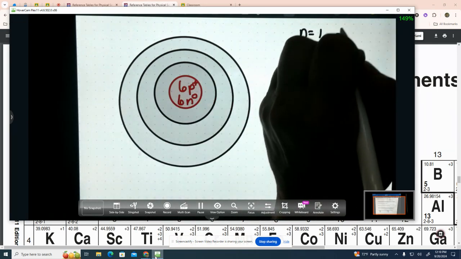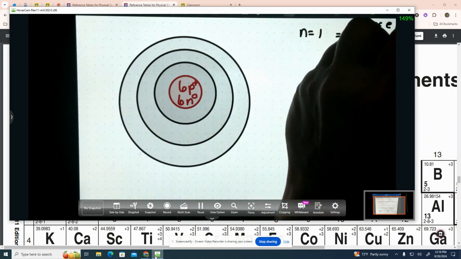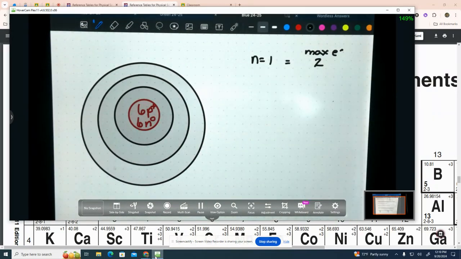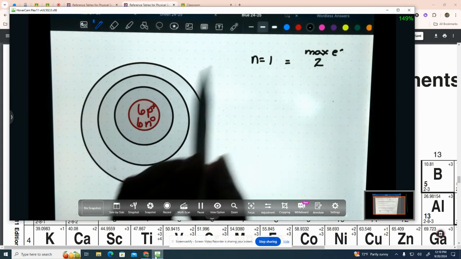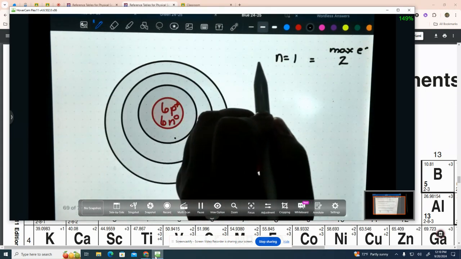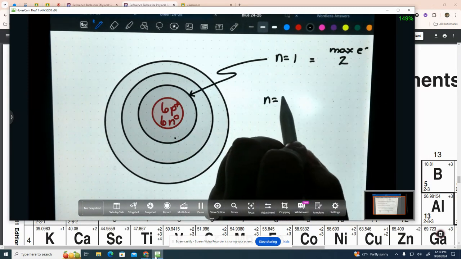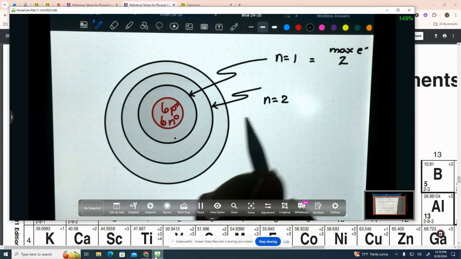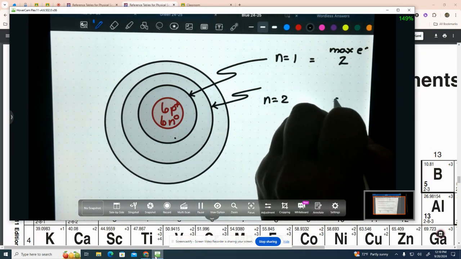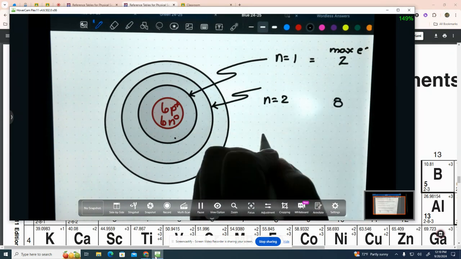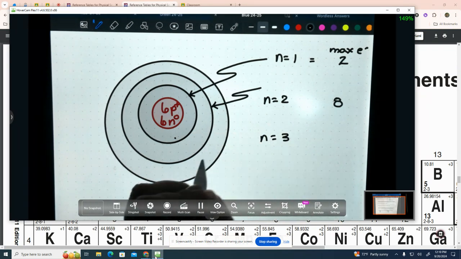The n equals 2. Hold on. Let me write max electrons up here. So n equals 1, the max electrons is going to be 2. That's this ring right here. In the n equals 2, which is going to be right here, the max number of electrons that can fit in there is 8. In the n equals 3, now we're getting bigger.